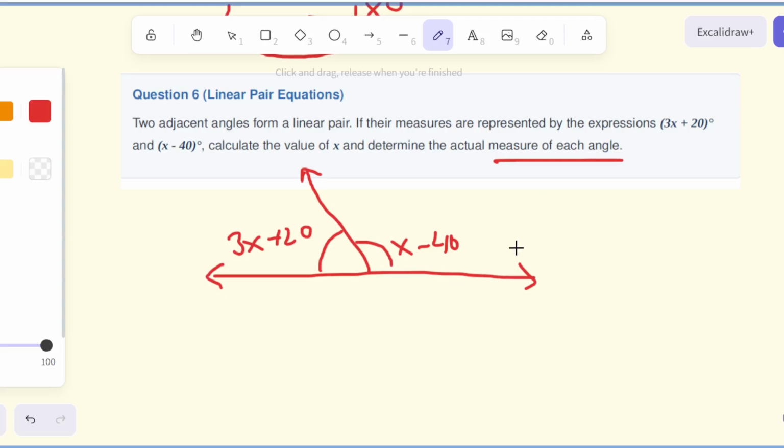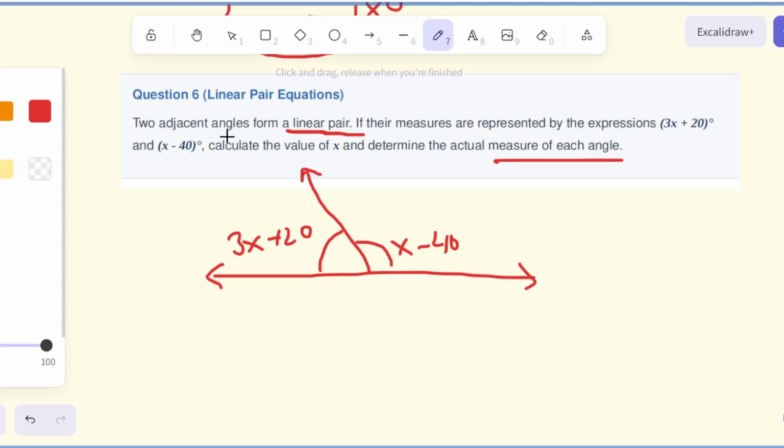Clearly they have written this word, linear pair. So what do you mean by linear pair? Angles on a straight line. And what's the property of angles on a straight line?